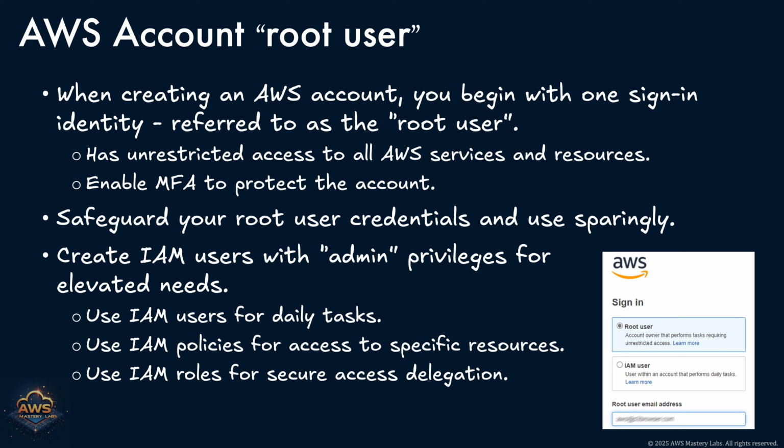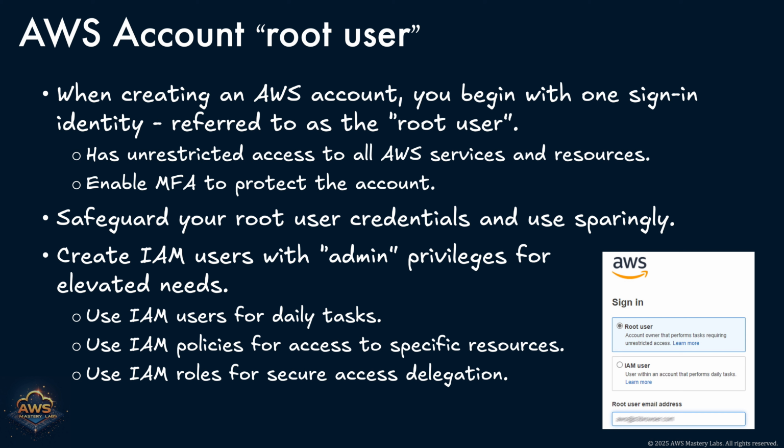Because of its power, best practice is to safeguard your root user credentials and use them only for specific tasks that absolutely require it, such as setting up billing information or modifying account-wide settings. For all other activities, even administrative ones, you should create IAM users with admin-level privileges. These users can handle elevated operations while still being subject to the same fine-grained access controls as any other identity.